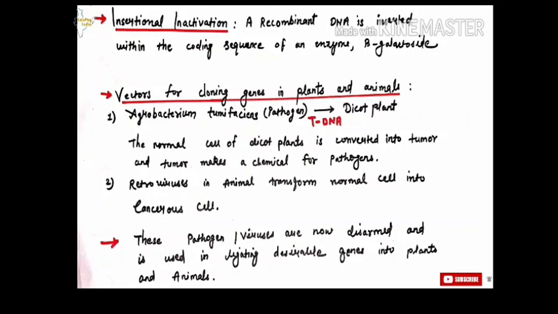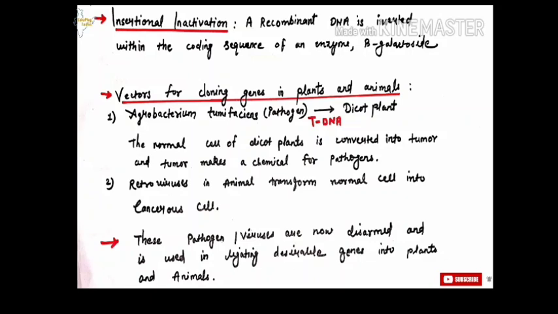Next, retroviruses in animals transform normal cells into cancerous cells. Retroviruses infect an animal and the cells of the animal become cancerous. In both cases, plants and animals are facing harm from the pathogen and from retroviruses respectively. These pathogens or viruses are now disarmed. How are they disarmed?